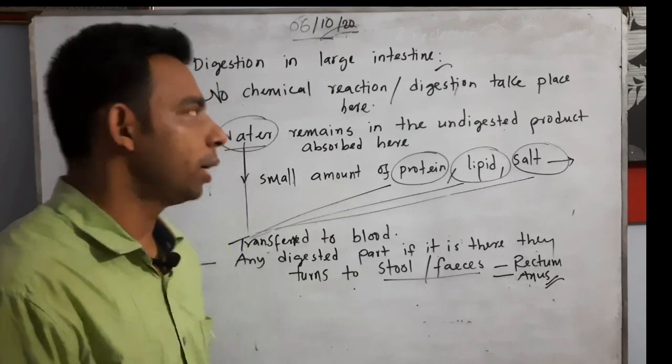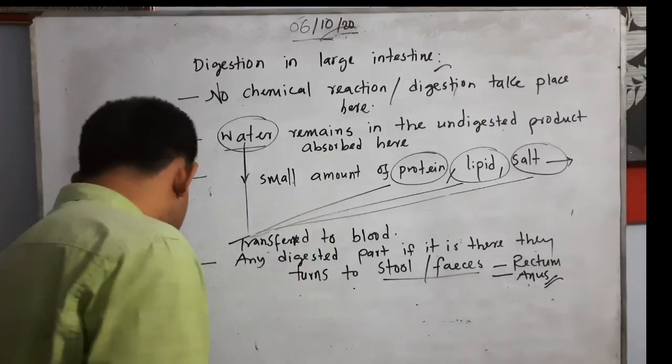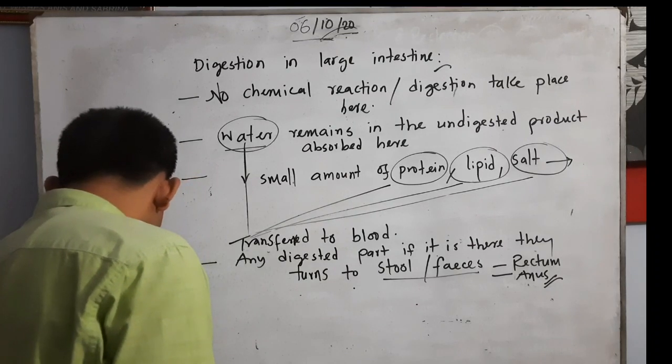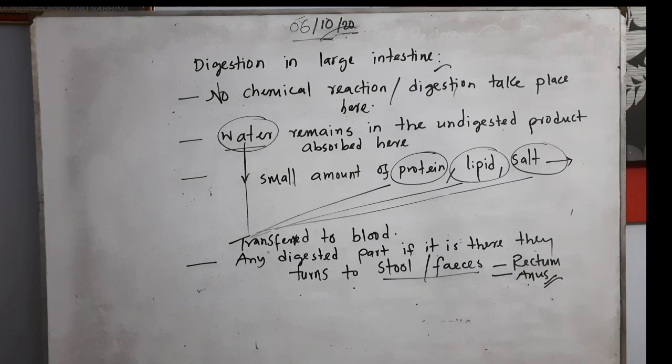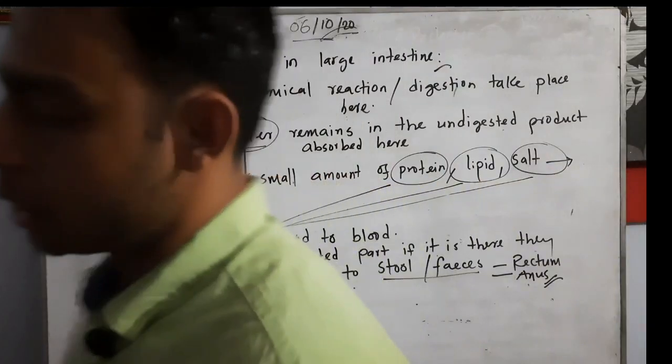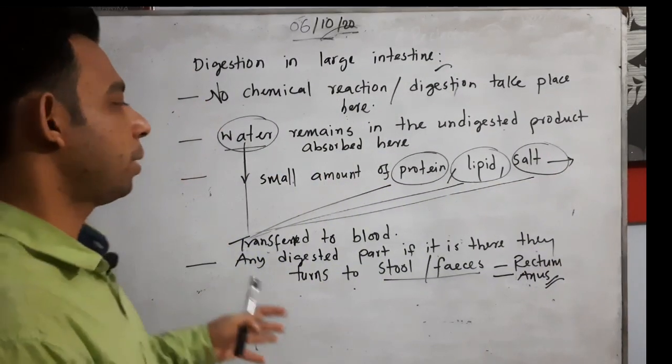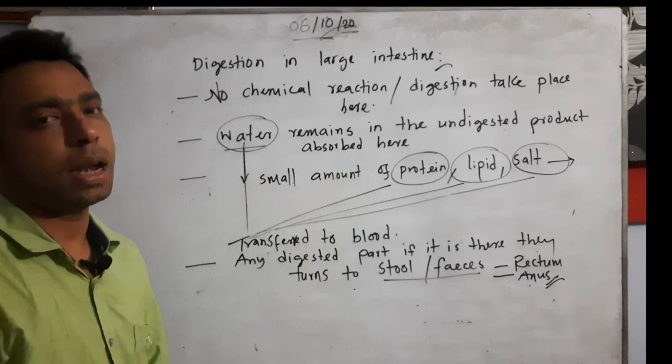This way digestion takes place in the large intestine. So finally we understood all the processes going on there, and how the process is converted here for better digestion and absorption.